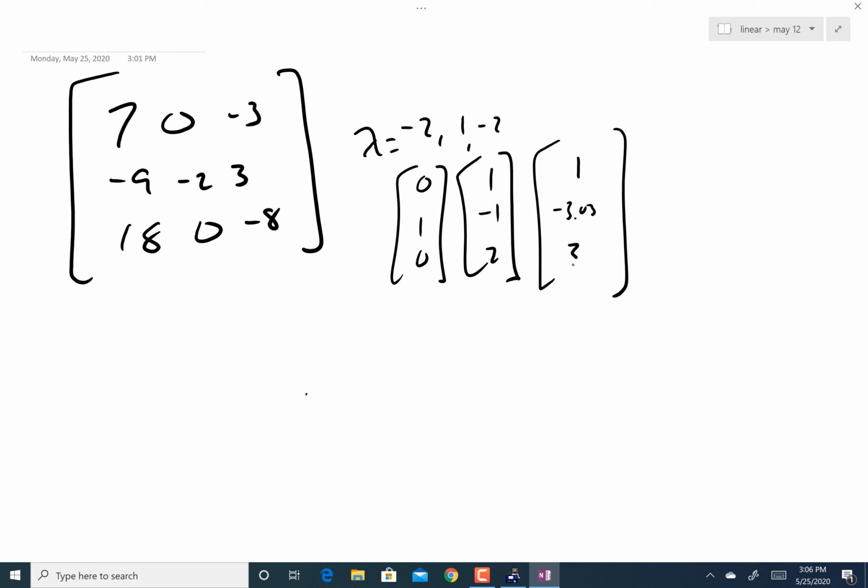And that one I'm just going to go ahead and round off to 3. We know they're not the same, but they're awfully close. So in theory, we should be able to do this: 1, 0, 1, 0; 1, negative 1, 2; 1, negative 3, 3.